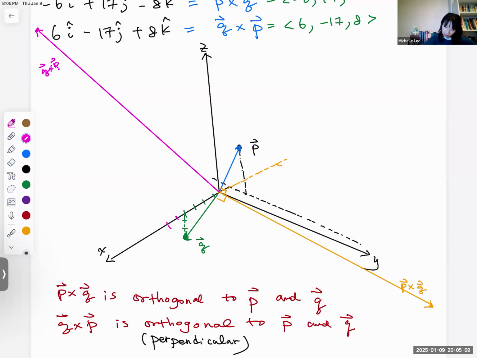So let me do a perpendicular notation. Make sense?